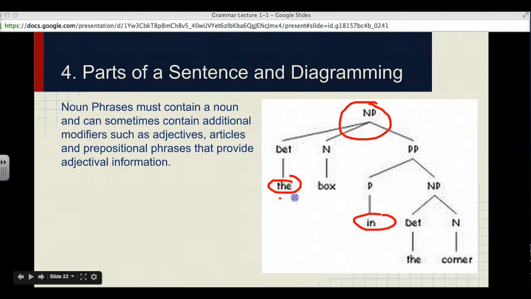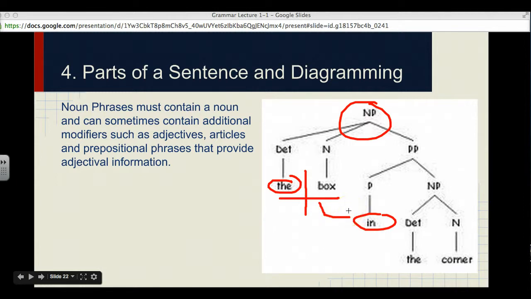Here we have the box, which is our main noun or the head word of our phrase. We've got this determiner here saying, okay, well, it is the only box as opposed to a box, meaning one of many boxes in the room. And then we have in the corner, a prepositional phrase that comes off of box that describes which box.